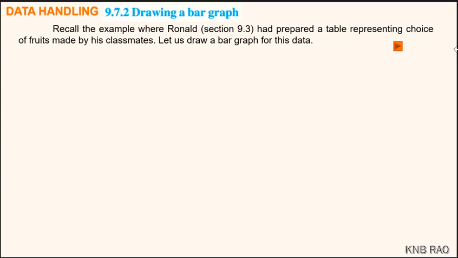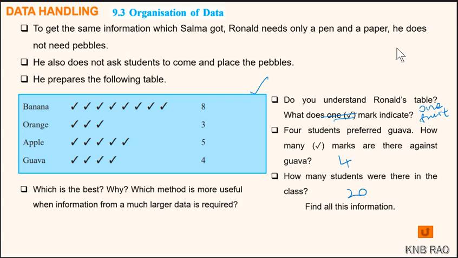For your understanding, let me show you what we have discussed regarding section 9.3. In section 9.3, we have seen organization of data where Ronald uses pen and paper to collect the data of his classmates' favorite fruit, or the choice of the fruit.